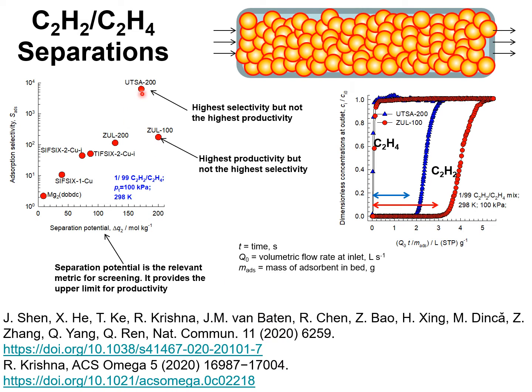So the hierarchy of delta Q2 values can be used for screening MOFs for this separation.